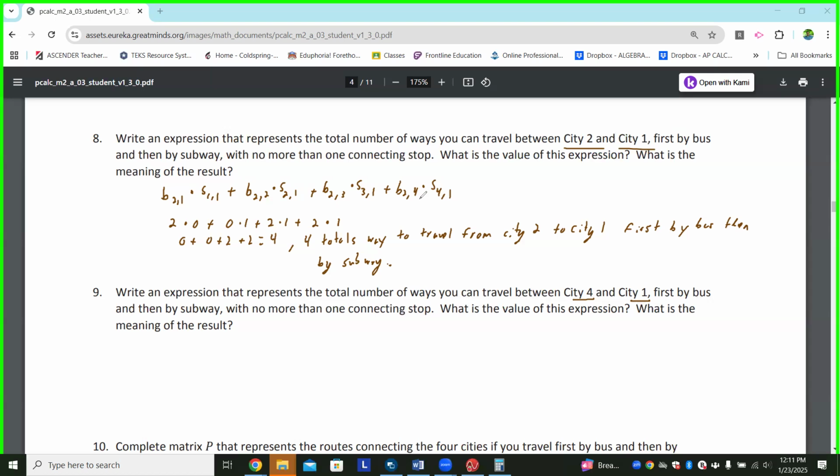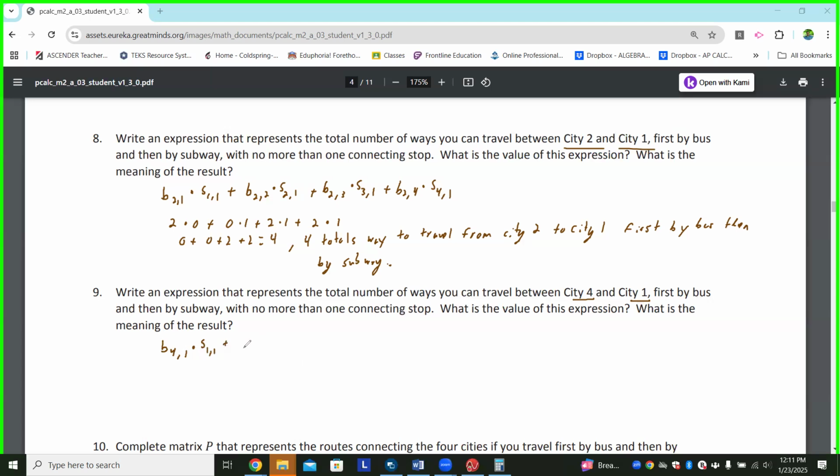All right. I'm going to go ahead and write out the expression so that you can check it. But this should be bus 4-1 and then subway 1-1. Everyone get that first beginning right? And then just kind of keep that pattern going. Again, these two numbers on the outside won't change.